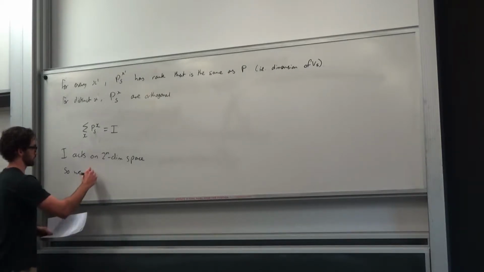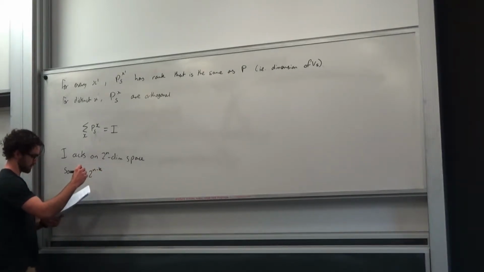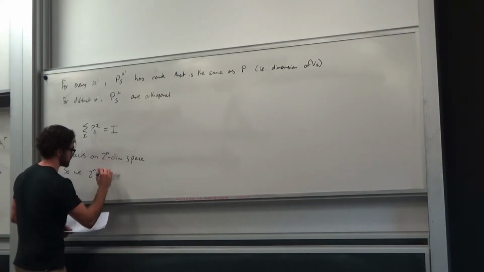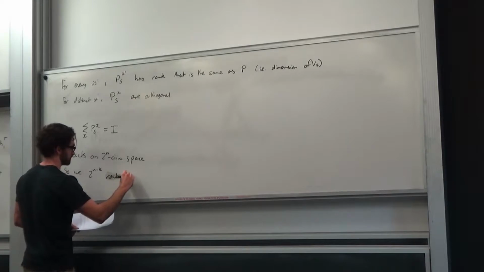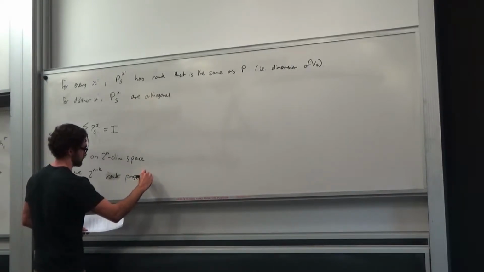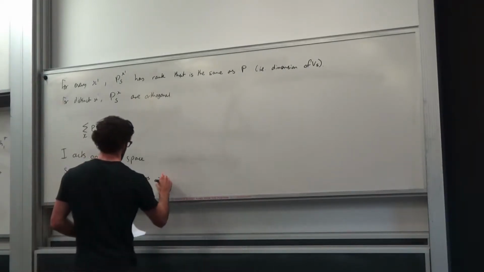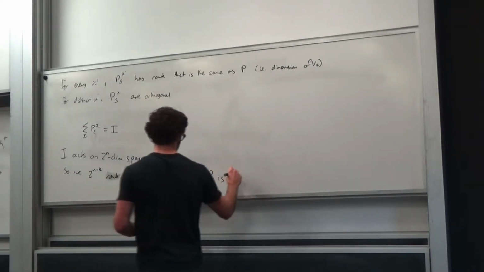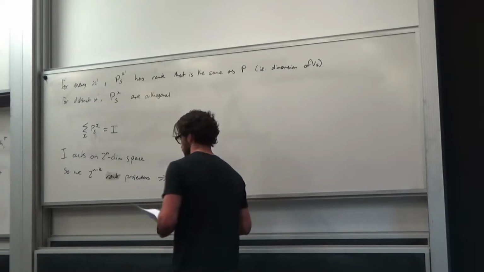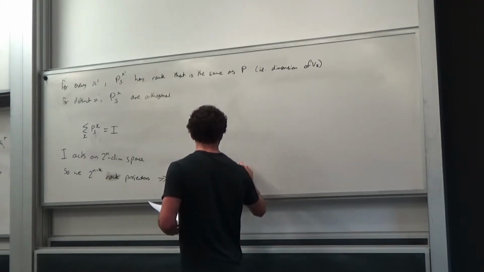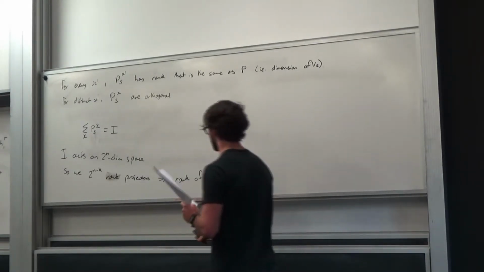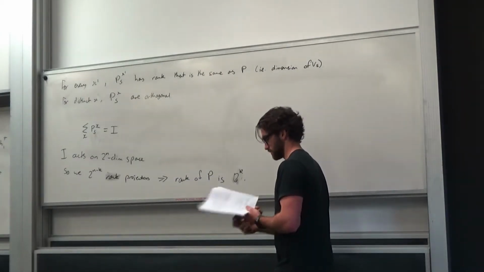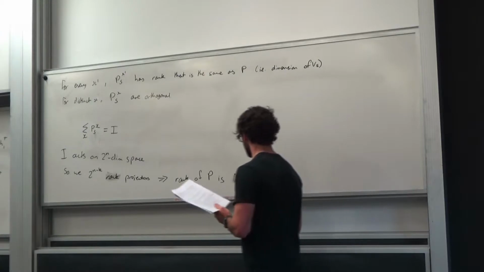So we have 2 to the n minus k projectors of the same rank. So that implies the rank of p is 2 to the k. That finishes the proof.